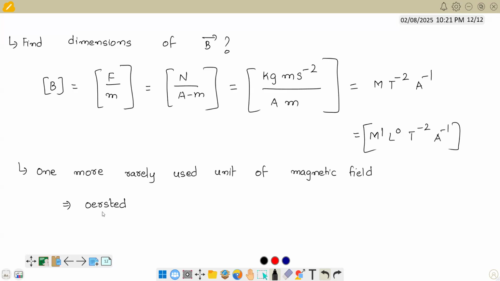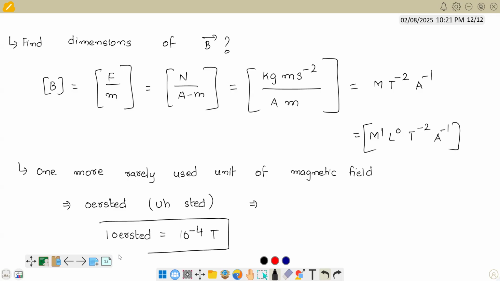Even though the R is there, we don't read it; you pronounce it as Oersted. Basically, one Oersted is equal to 10 power minus 4 Tesla. So this is another unit of magnetic field. One Oersted is equal to 10 power minus 4 Tesla.